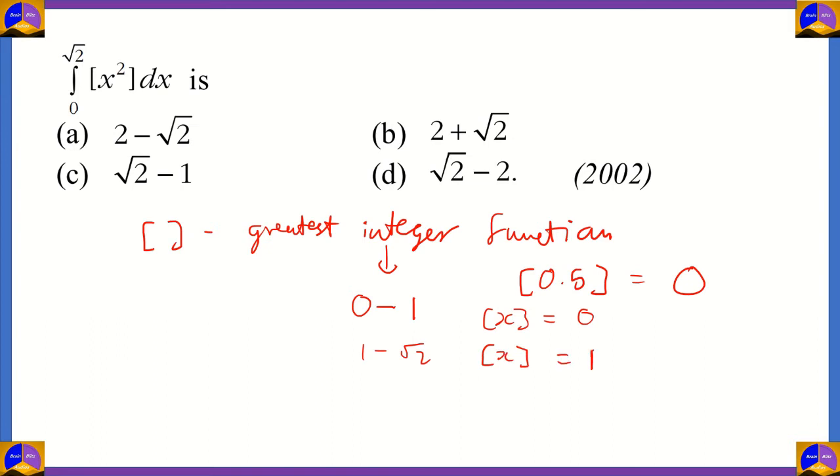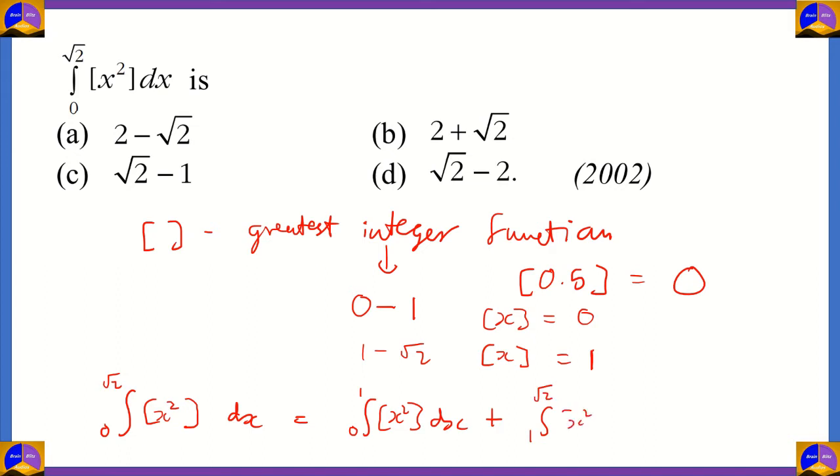So when we look at our integral, that is the integral from 0 to root 2 of the greatest integer function of x squared dx, we can separate it into two integrals. The first integral will be from 0 to 1, plus the second from 1 to root 2.